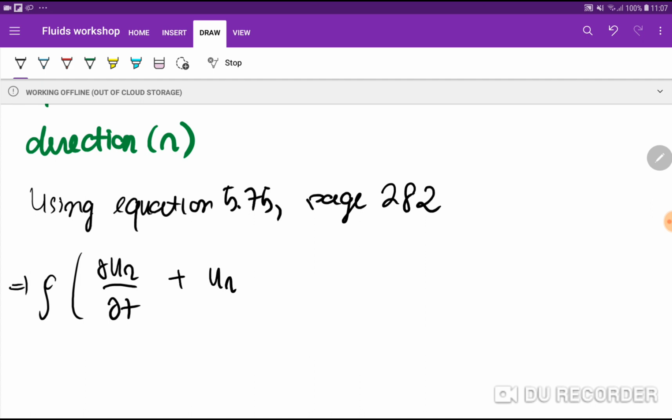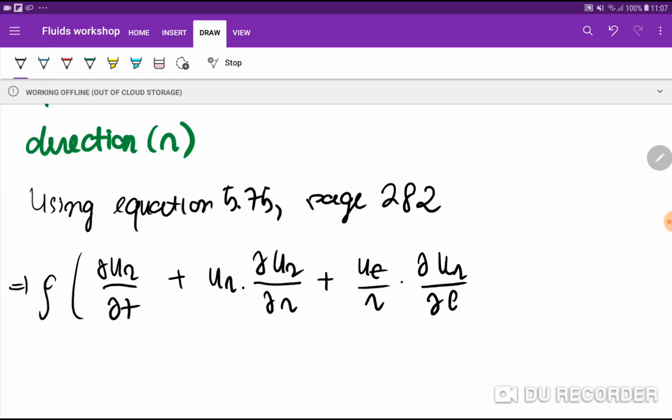Plus u_r times ∂u_r/∂r plus u_θ over r times ∂u_r/∂θ minus u_θ² over r plus u_z times ∂u_r/∂z on this side.